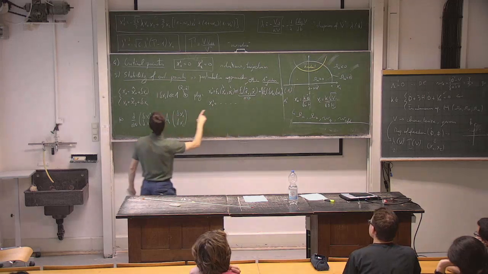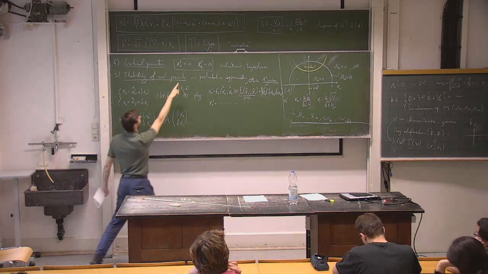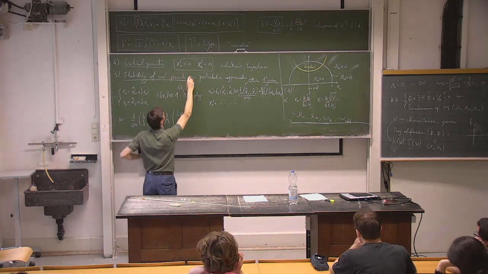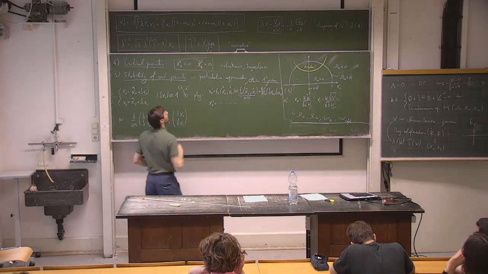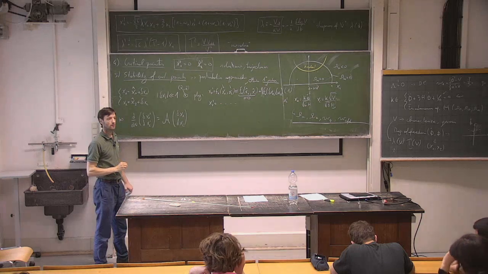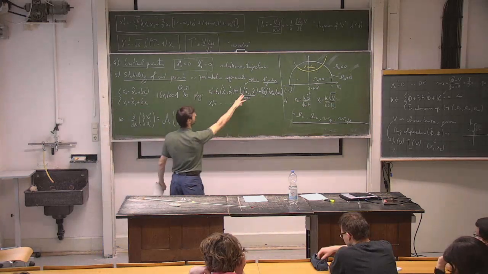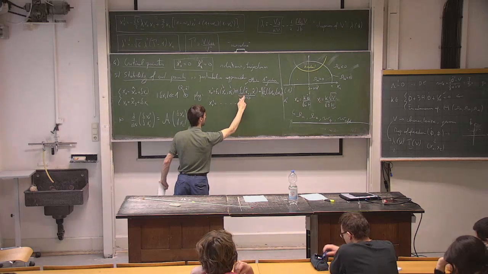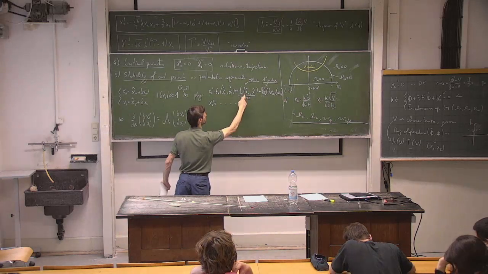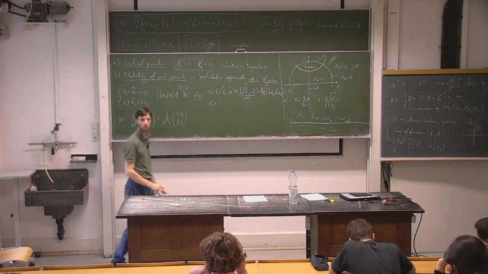Why? Because we are looking at the surroundings of the critical points that satisfy this condition. For this guy, our function that describes the derivatives of the solution in the critical point is equal to 0 by construction.